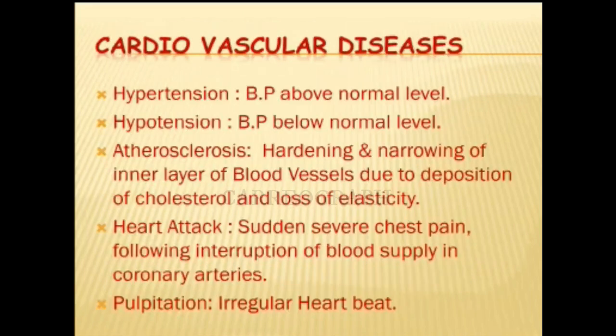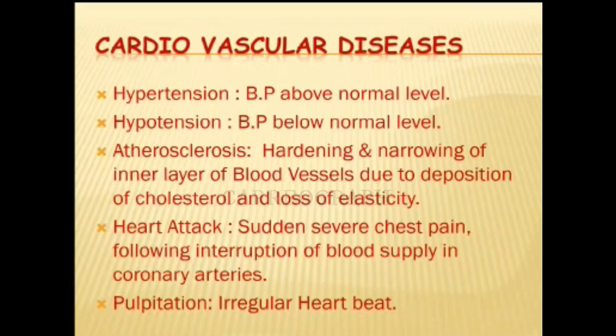Now friends, we will see the cardiovascular diseases. When there are abnormalities in the normal function of the cardiovascular system, we have cardiovascular disease. In this, we see hypertension. Hypertension is blood pressure above the normal level. We see hypotension also. Hypotension is blood pressure below the normal level.